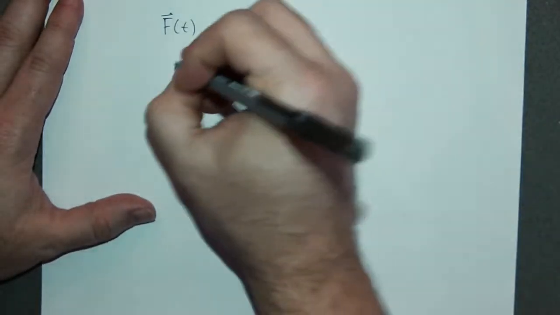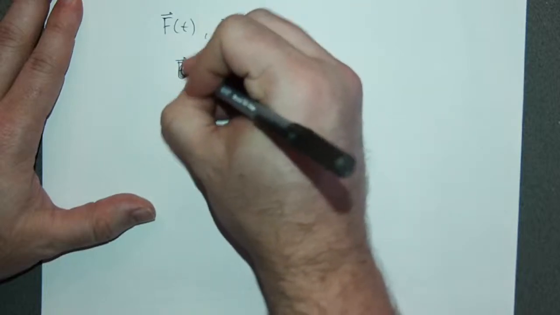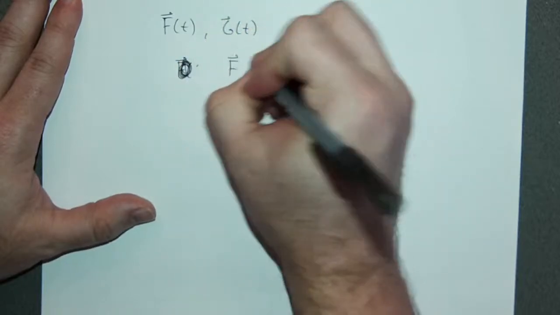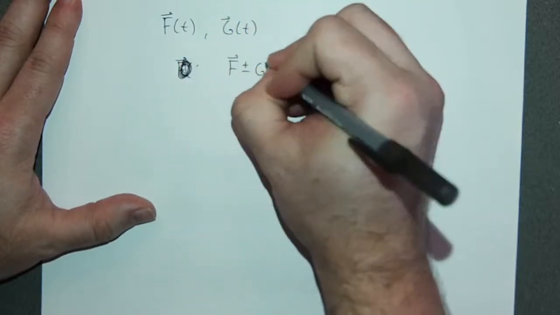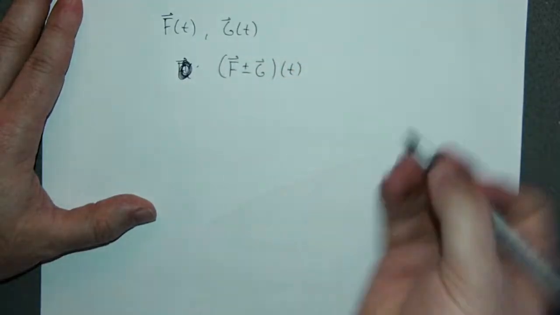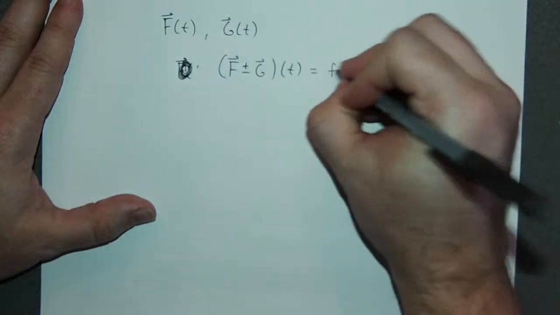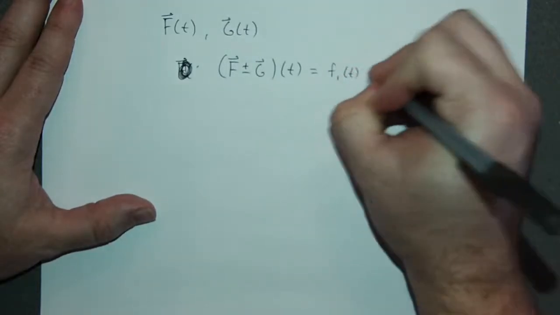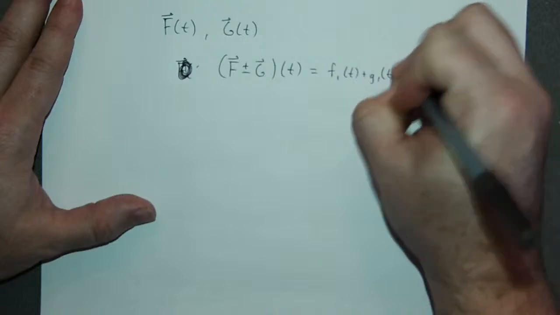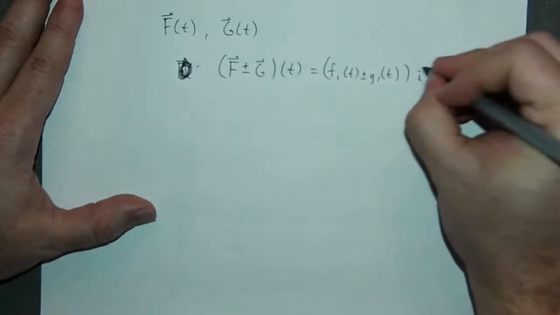Then I can form things like big F plus or minus big G. And what would that vector valued function be? You know exactly what it is. It's just the vector valued function that you obtain from adding each of the components, in each slot, or subtracting, since I've done plus or minus here.